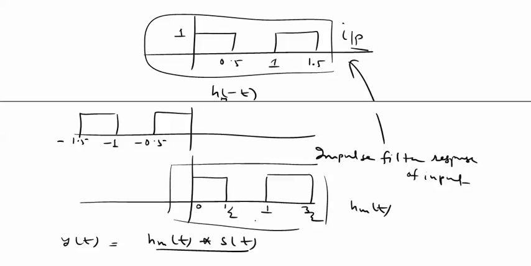To calculate the convolution between these two, the result's range is the range of the signal. The first term starts from 0 to 3 by 2. This also starts from 0 to 3 by 2. It is the same type of pattern. Use the graphical method to convolve. The result will be in 0 to 3 by 2 plus 3 by 2, which is 3. The result will be 0 to 3, and the result will be in this pattern.